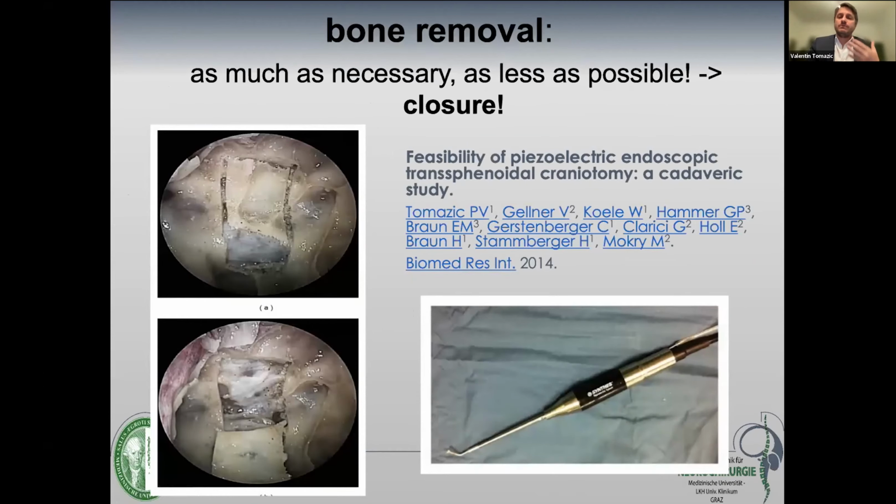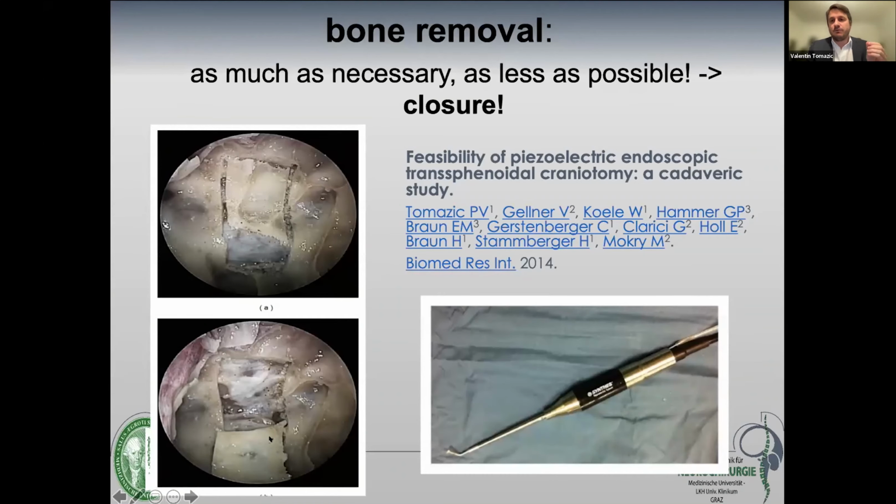Of course, you need to remove the bone in order to go into the intracranial space to resect tumors. It is very feasible to do that with drills. I just want to draw your attention briefly to a little technique that we apply, which is piezoelectric endoscopic transsphenoidal craniotomy. The advantage of this system is that you cause only small incision lines in the bone.